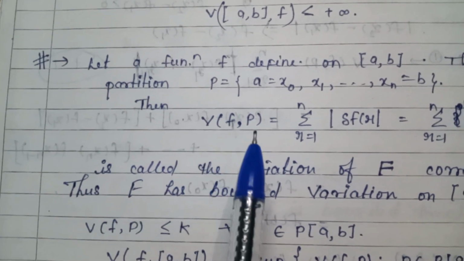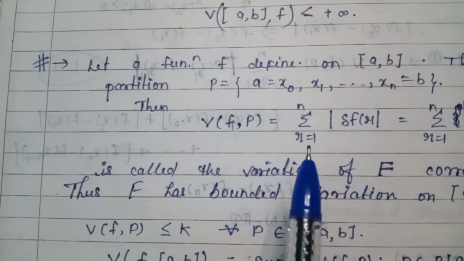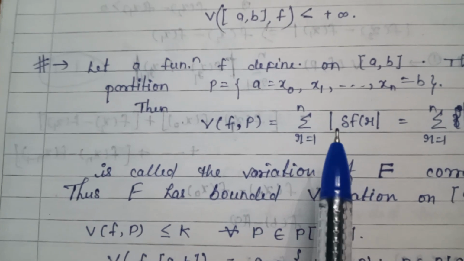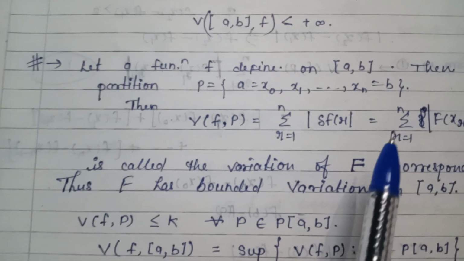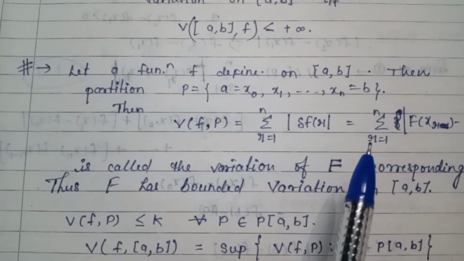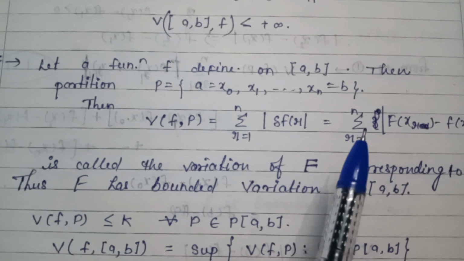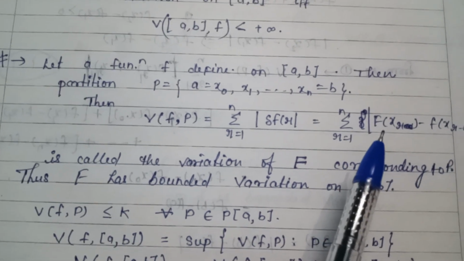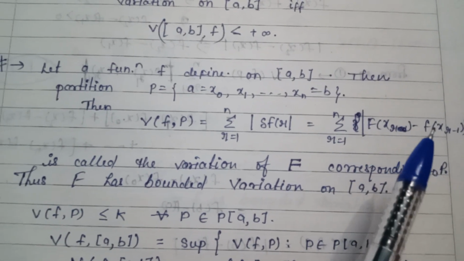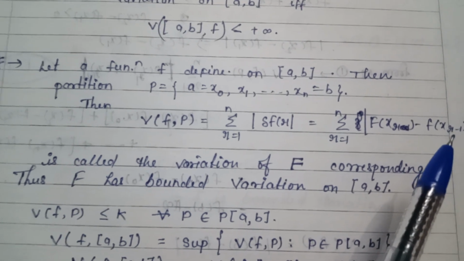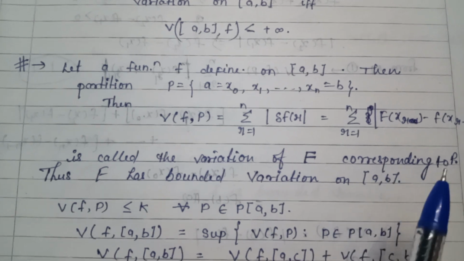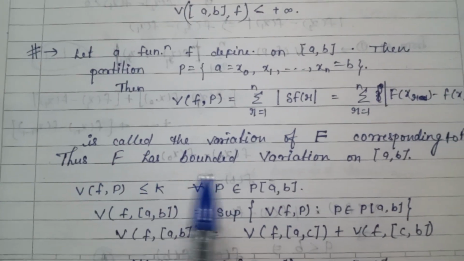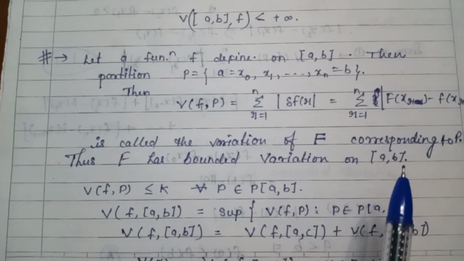Then V(f, P) = summation r = 1 to n of |Δf_r|, where the summation runs over r = 1 to n of |f(x_r) − f(x_{r−1})|, is called the variation of f corresponding to P.